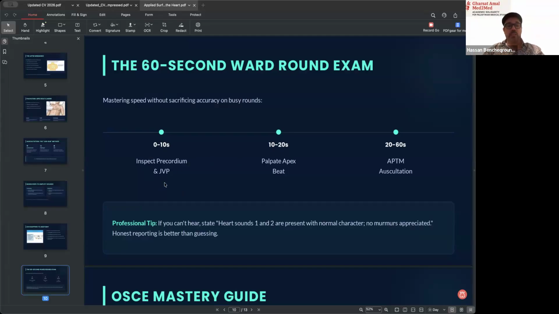And you inspect the jugular venous pressure. Are the jugulars completely engorged? If the jugular venous pressure is high, then that means there is some degree of heart failure.